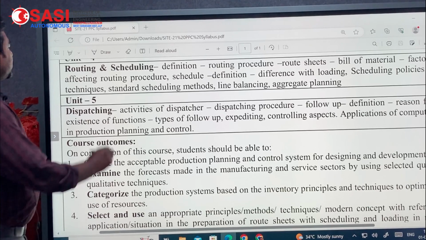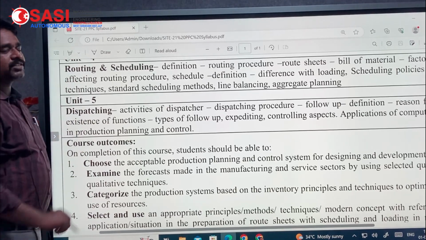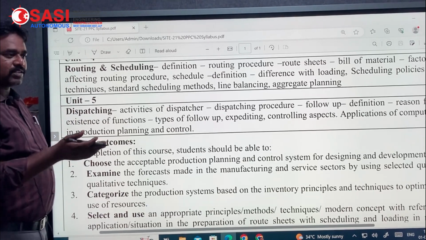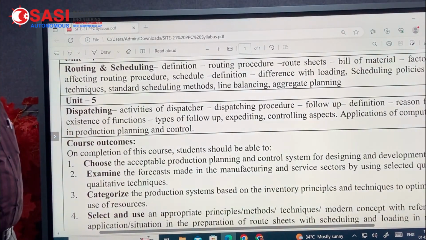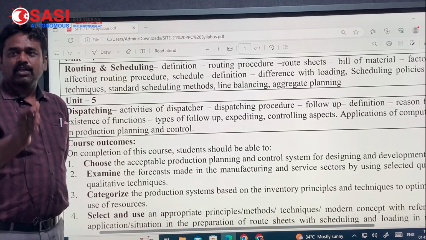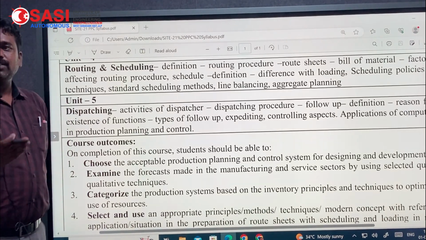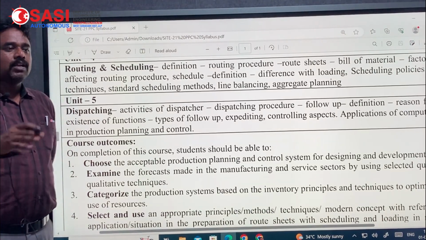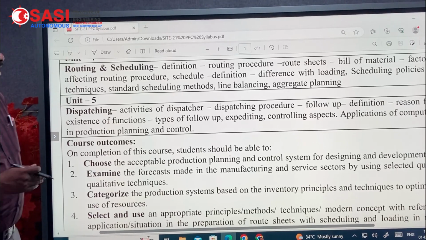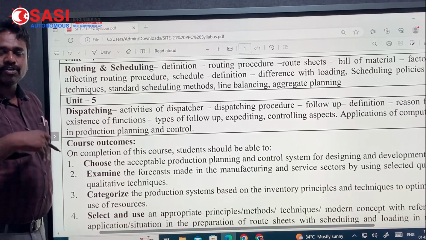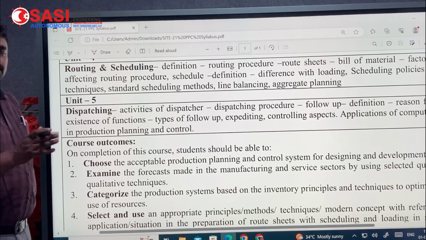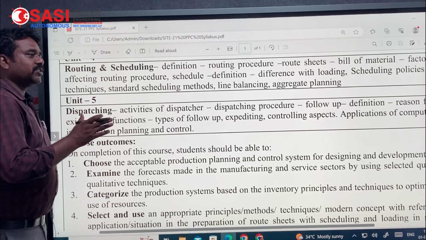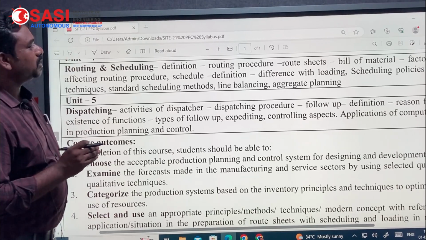As the name itself suggests, routing is nothing but a route. For example, if I want to go from one source to any other destination, I always look for the best way to go in order to minimize my time and my finances and everything. So I must make my journey comfortable, and in order to do that, I look for the best route from my source to the destination.